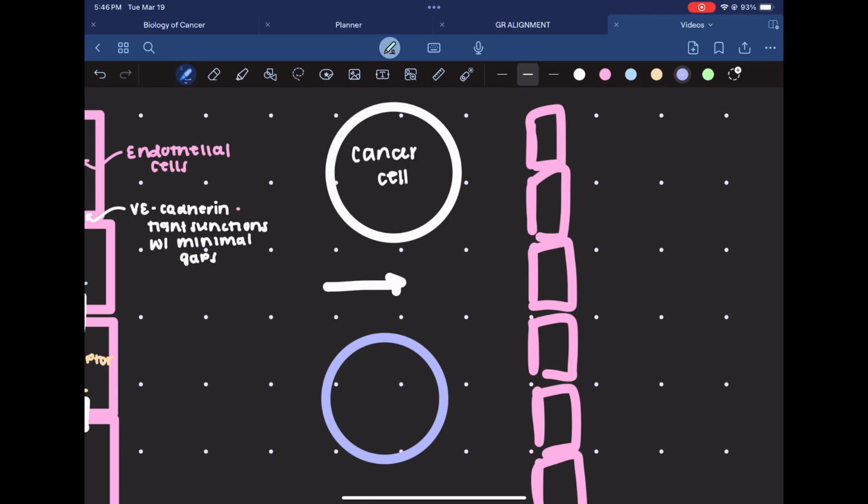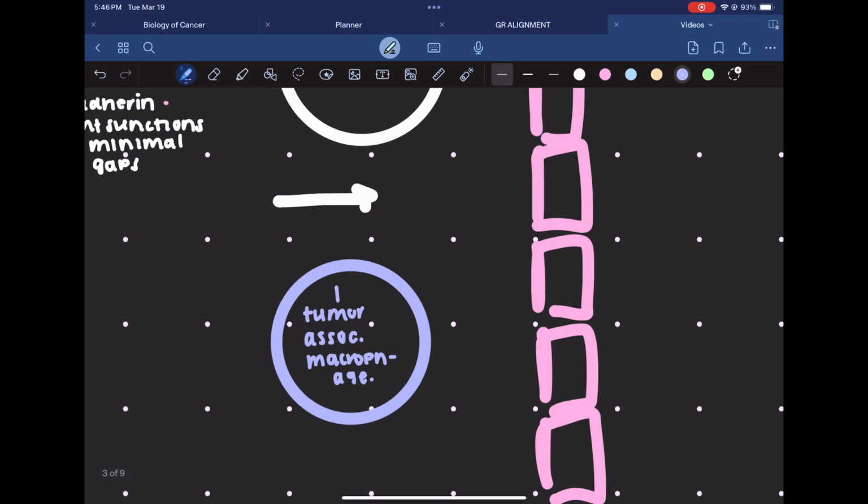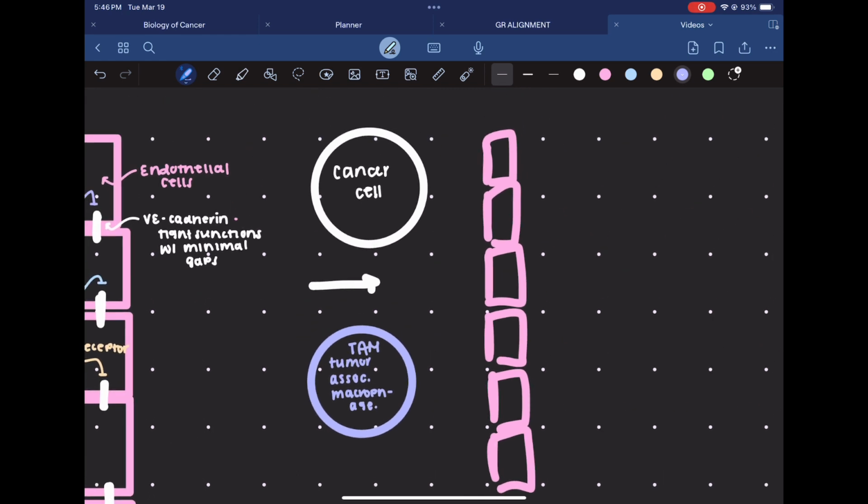this is my tumor associated macrophage. Also called a TAM, tumor-associated macrophage. And these two cells are going to secrete two different molecules.